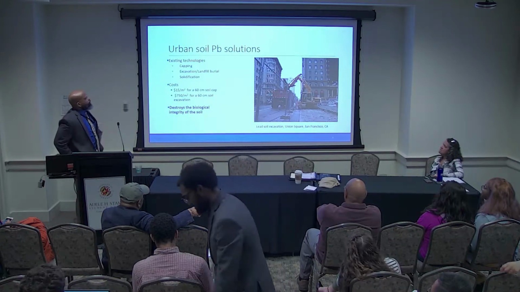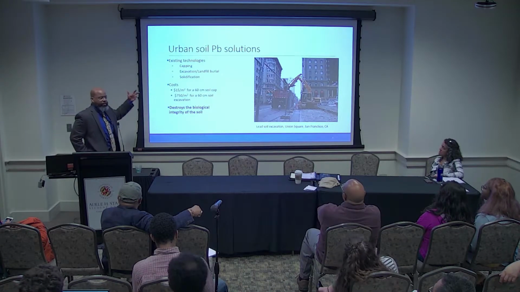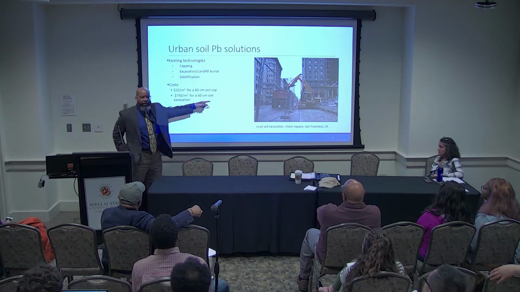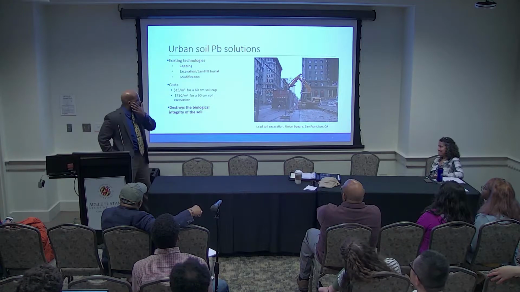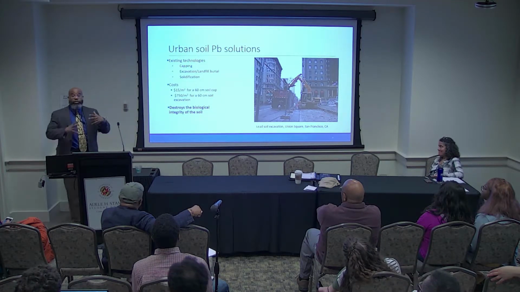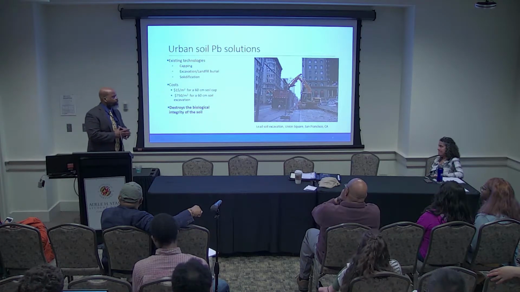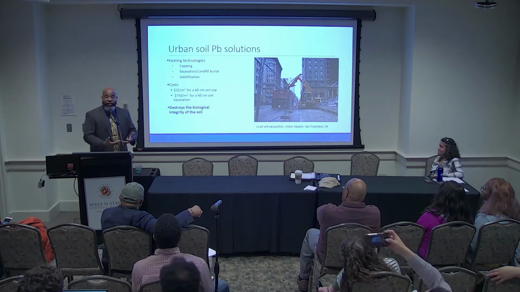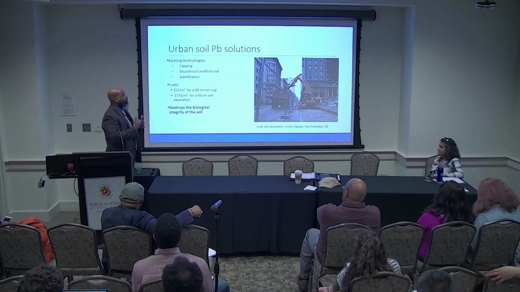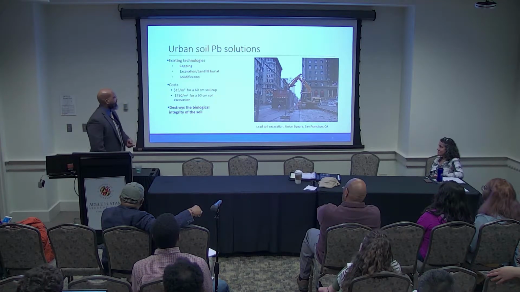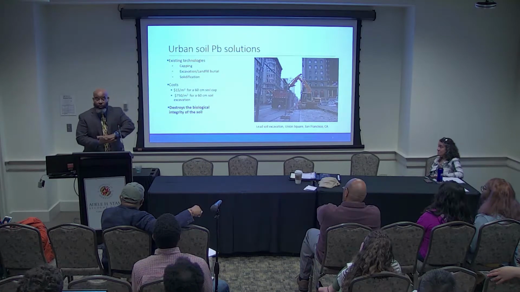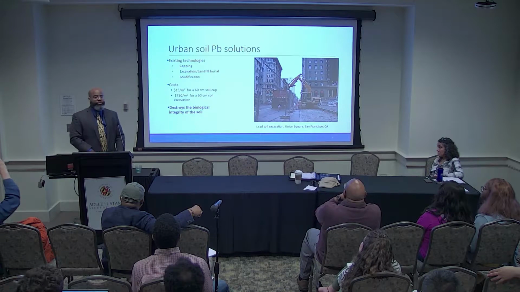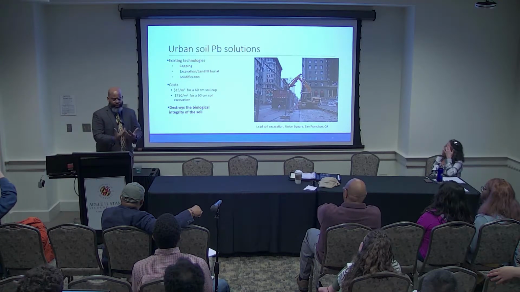All right, so there are solutions, and there are several. They are well known and they are engaged in, but you need a lot of money. Look at the kind of instrumentation it takes to address urban soil problems once lead is discovered: removing the top 6 or 12 inches of soil horizon, which is usually where most lead resides, because once it's deposited, it doesn't migrate very easily through the soil matrix.